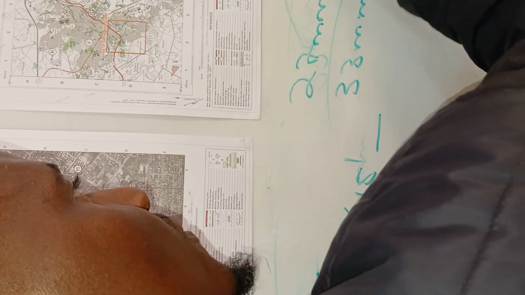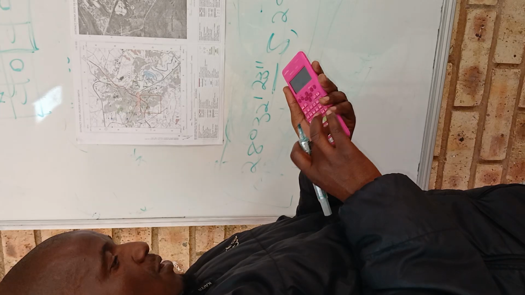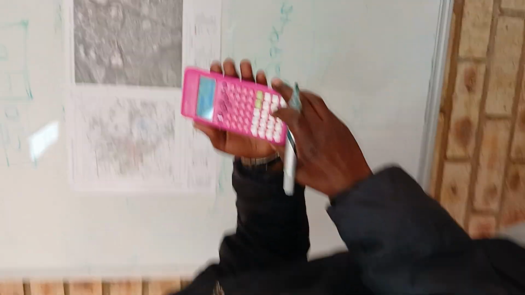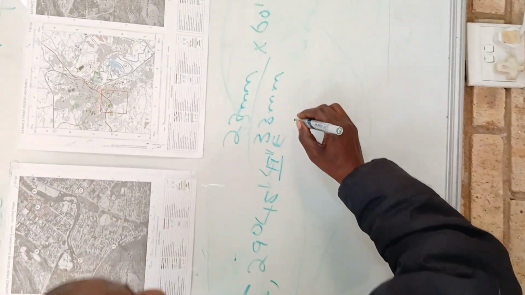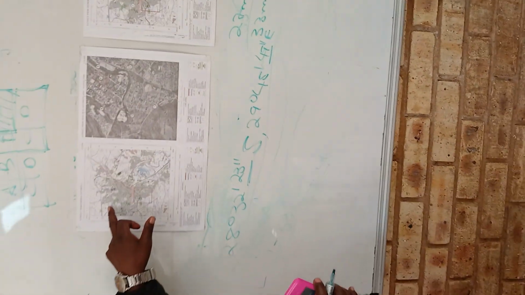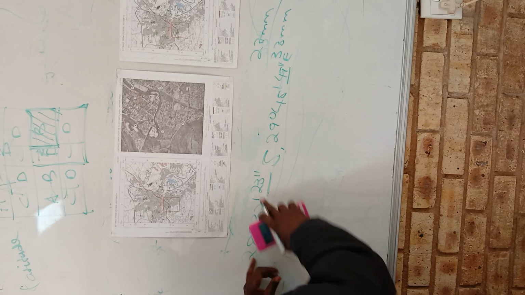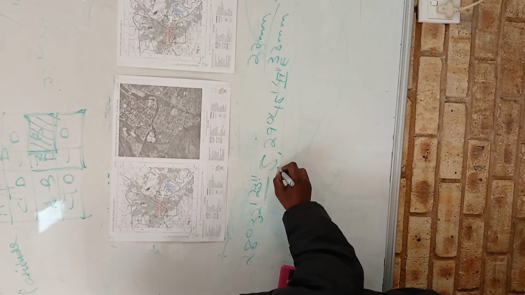Then I'll also multiply by 60 seconds, so 27 over 33 multiplied by 60 seconds. What is my answer? As you can see, I've got 49, which means I'm going to get 49 seconds east. So if I write the coordinates of H in terms of degrees, minutes, and seconds, I'll have 38 degrees, 32 minutes, 23 seconds south.